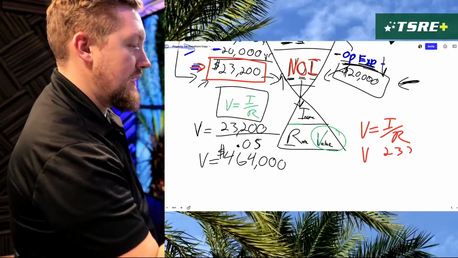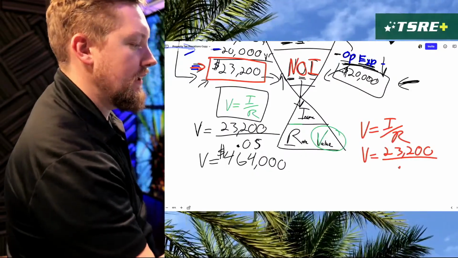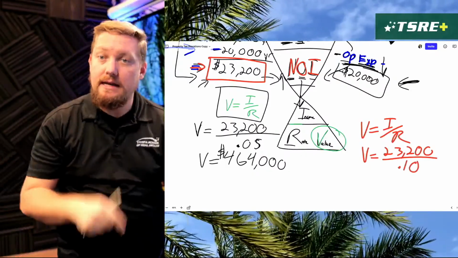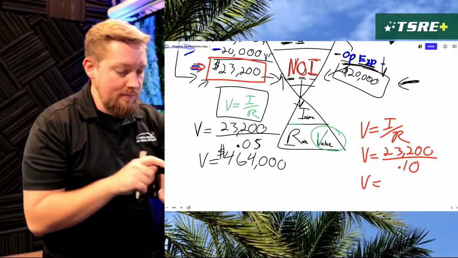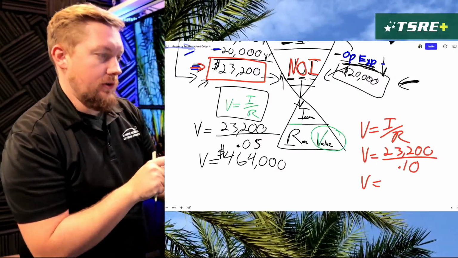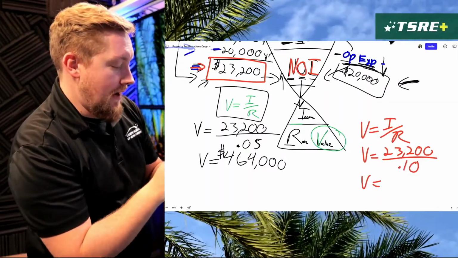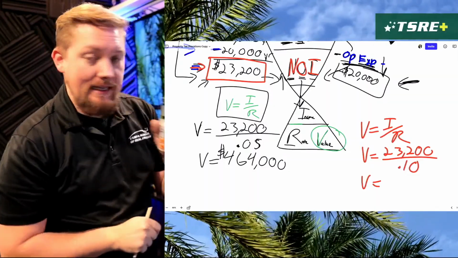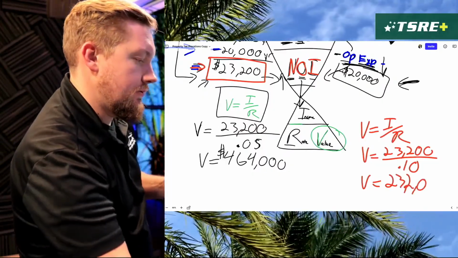We've got the same income, let's say, $23,200. But let's say it was a 10% cap rate. And I said this would be a better deal, so let's do the math and find out why that'd be a better deal. So that's $23,200 divided by 0.10, and that's going to give us $232,000.